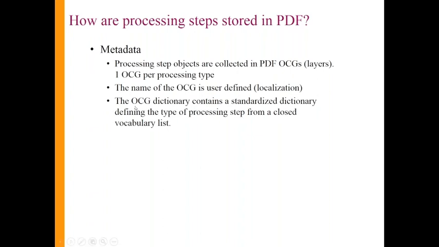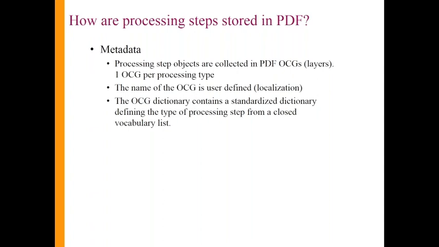Where ISO 19593 really comes in is that attached to those layers, the optional content groups that collect processing step objects by type, there is an optional content group dictionary, a piece of metadata attached to the layer. And that piece of metadata uses standardized terminology which won't change from one part of the world to another.